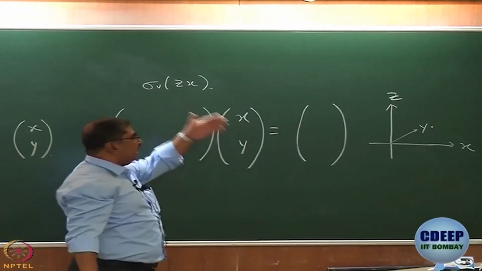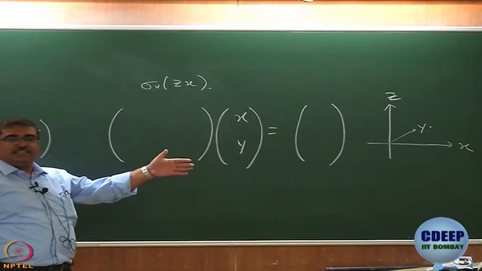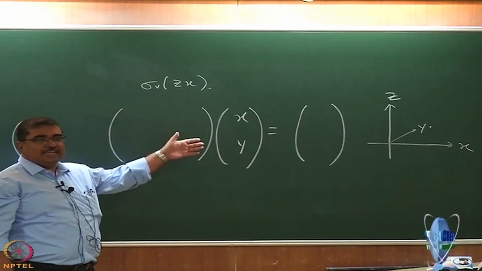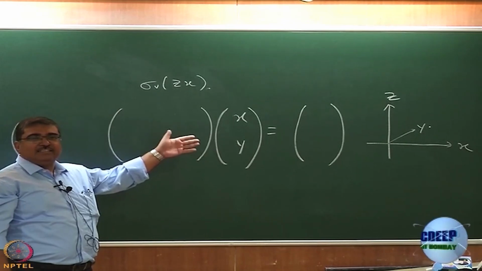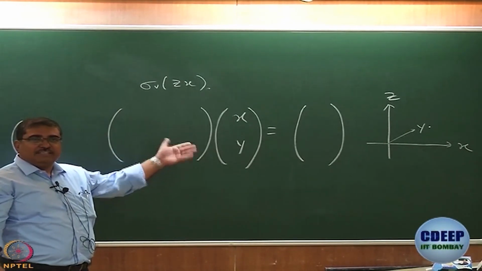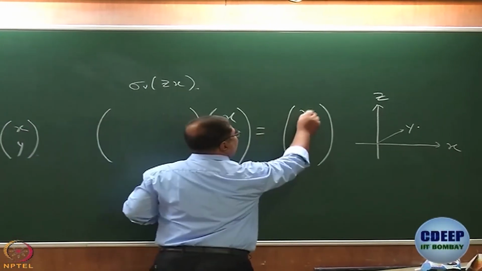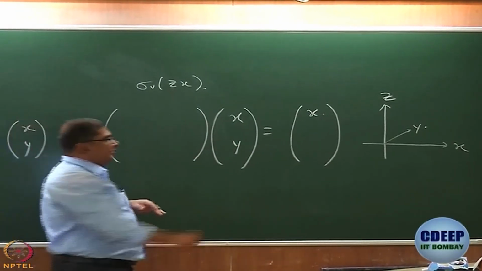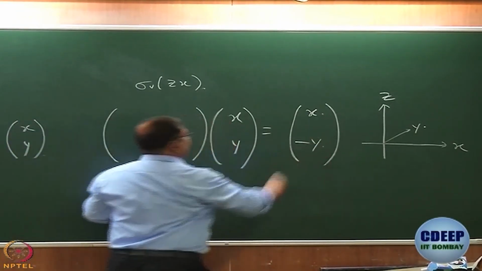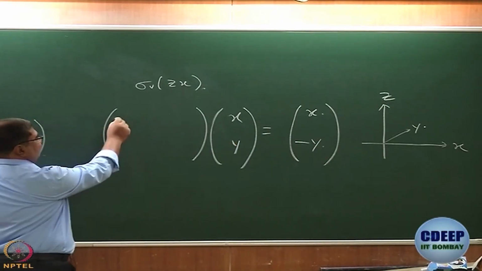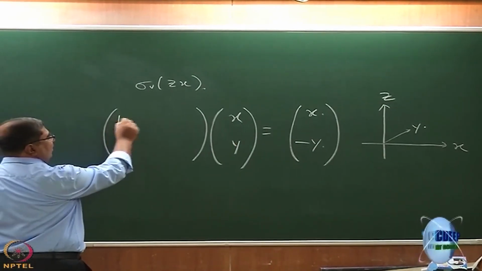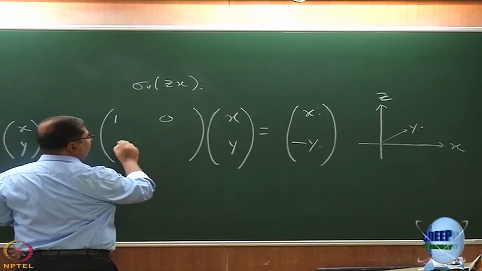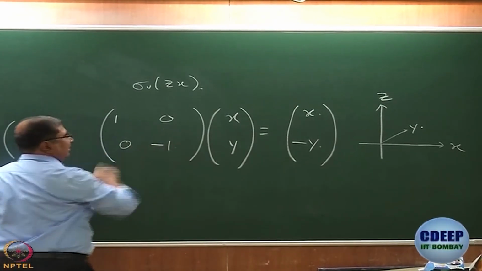What happens when I apply sigma zx on x? Does it change? So, it remains x, right? It remains x. What happens to y? y becomes minus y, very simple. What is the matrix? Yeah, 1 0 0 minus 1.